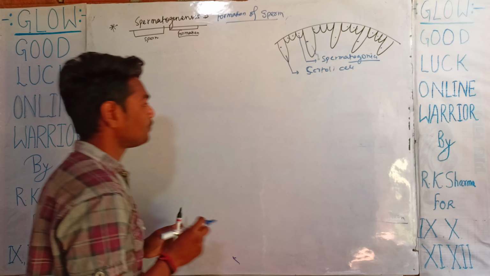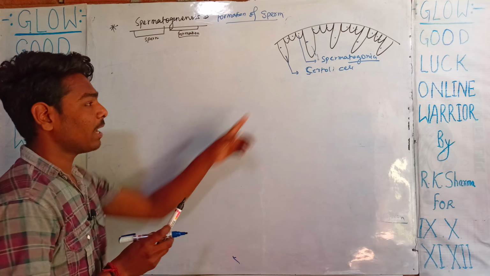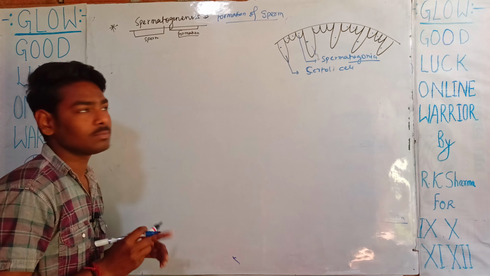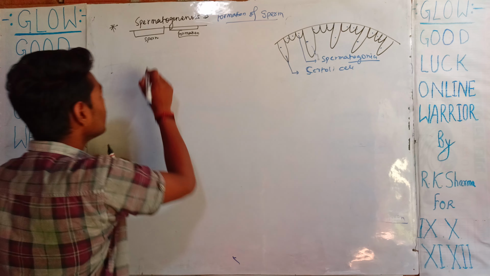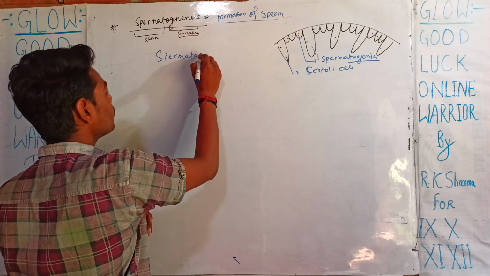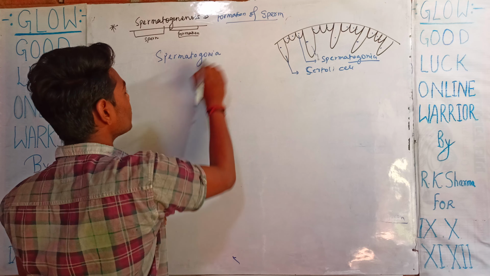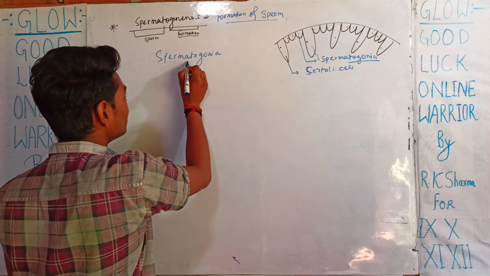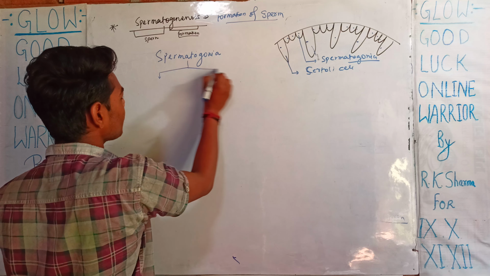Now the spermatogonia has two types in the seminiferous tubule. Let me draw it: it divides into two types.